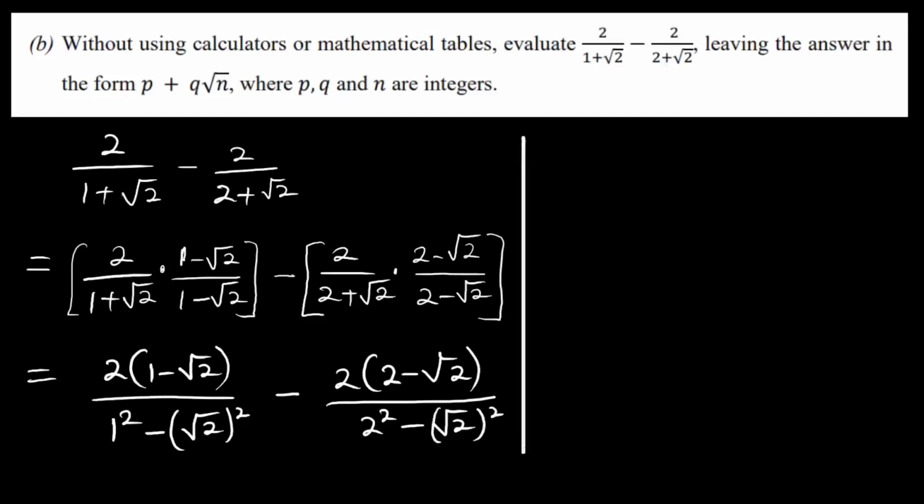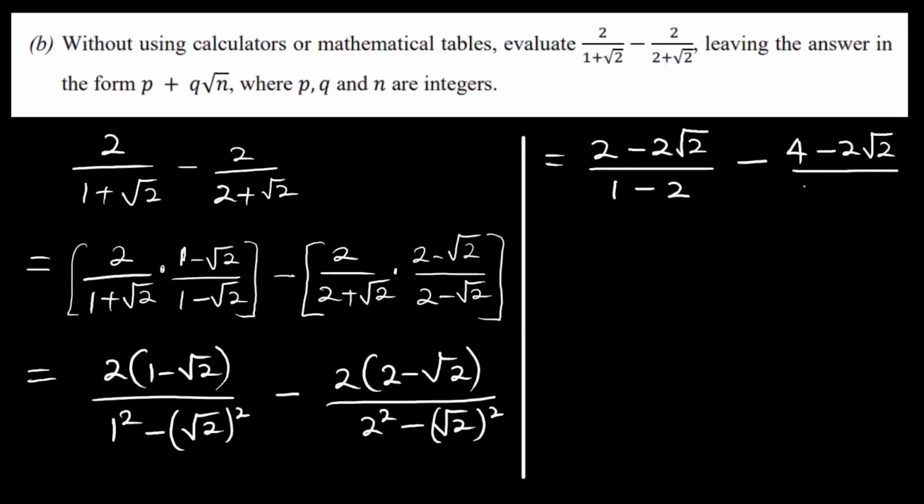So that is going to simplify to give us, the numerator is going to be 2 minus 2 root 2 all over 1 squared is 1, minus root 2 squared is 2, minus 4 minus 2 root 2 all over 2 squared is 4, minus root 2 squared is 2.